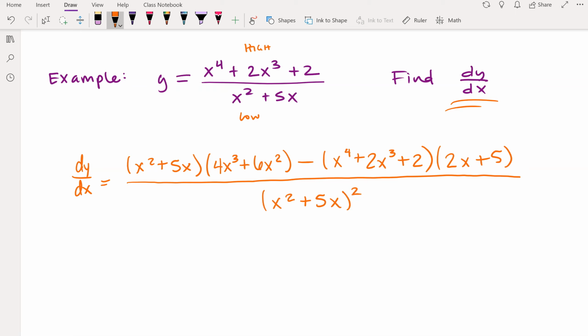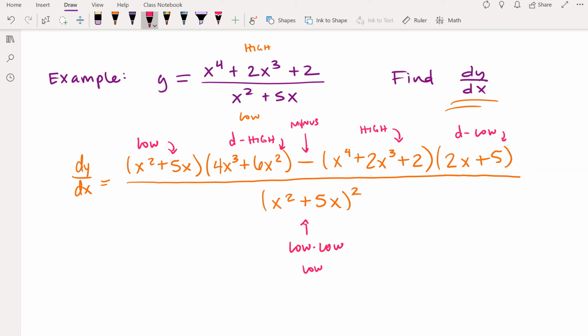So we have low, the derivative of high, minus high, the derivative of low, over low, which is the same as low squared. Okay, so anytime you have quotients, that's how you take the derivative of those quotients. Make sure you get this in your notes, and now let's do some practice.